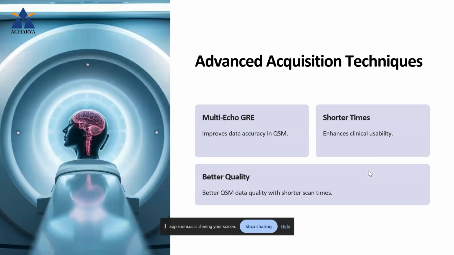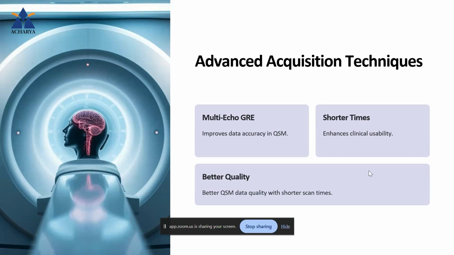Moving on to the advanced acquisition techniques, as I said, we are acquiring the QSM data by the use of multi-echo GRE sequences, and it improves the accuracy. How? By reducing the noise, and overall it increases the signal to noise ratio.